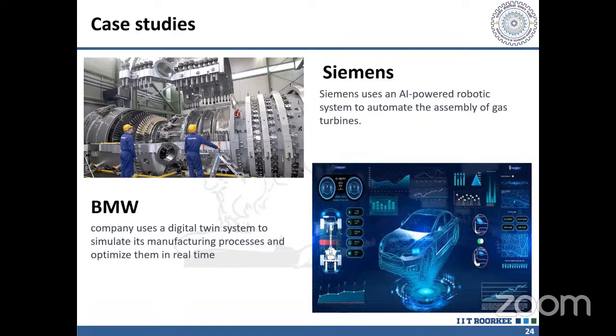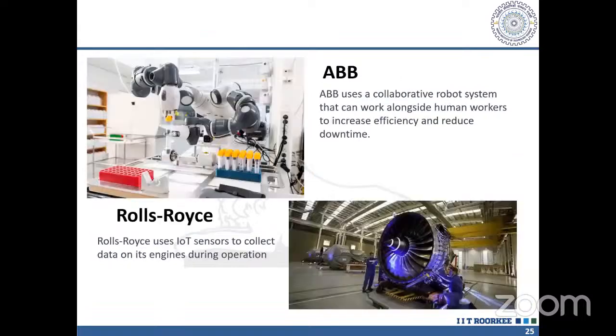So BMW uses this technique in a digital twin system to optimize its painting process. The system analyzes data from IoT sensors to determine the optimal paint thickness and the curing time, and also improves the product quality.